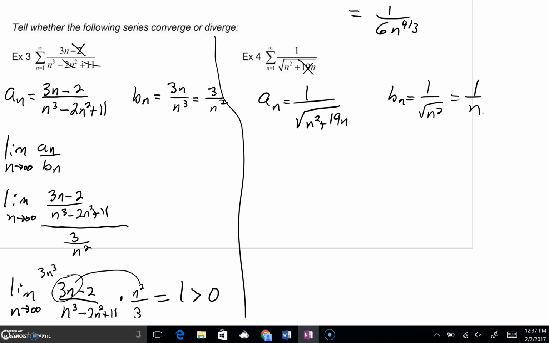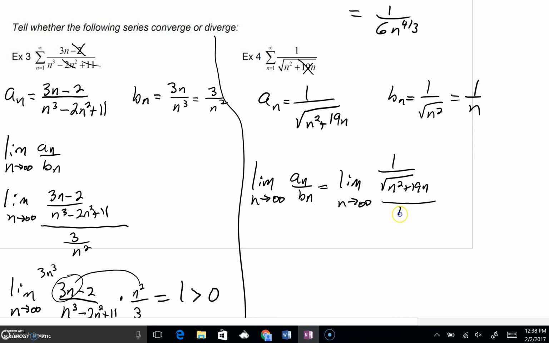So, where are we going with this? Let's take the limit as n goes to infinity of a sub n all over b sub n. And that will be the limit of this 1 over radical n squared plus 19n divided by 1 over n.